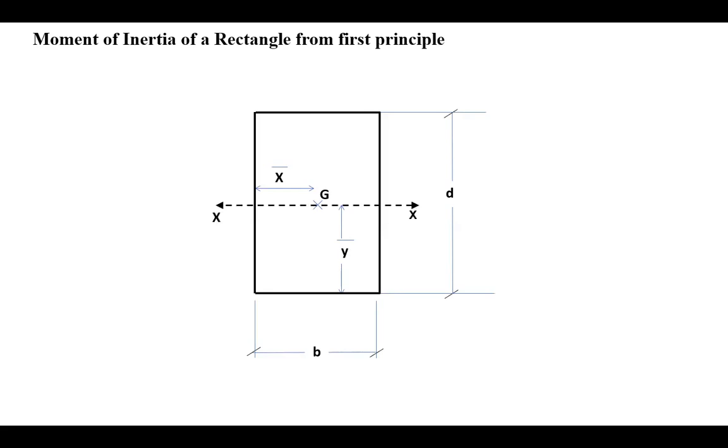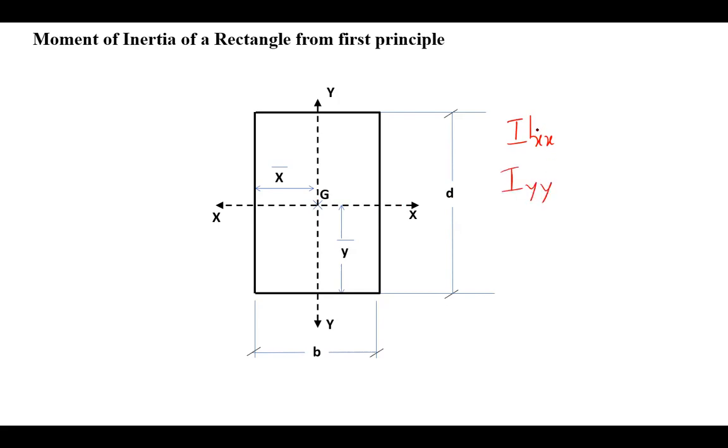In this case, if we want to calculate moment of inertia about its central axis, it can be about the x-x axis or the y-y axis. Moment of inertia about the x-x axis will be Ixx, and moment of inertia about the y-axis will be Iyy.